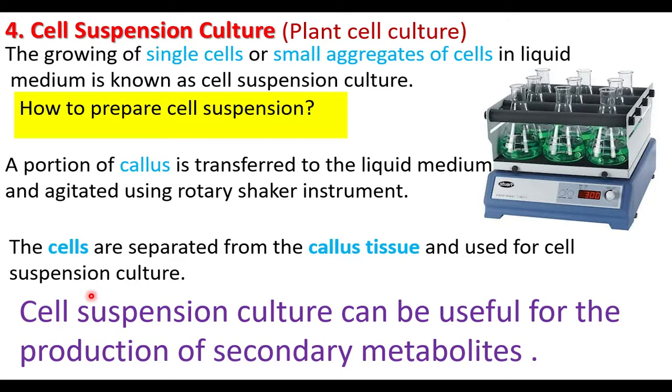Primary metabolites are necessary for the survival and growth of the plant. Photosynthesis, respiration and growth depend on primary metabolites. Secondary metabolites do not play any direct role in the growth and development of the plants. But they are commercially important products of plant metabolism.